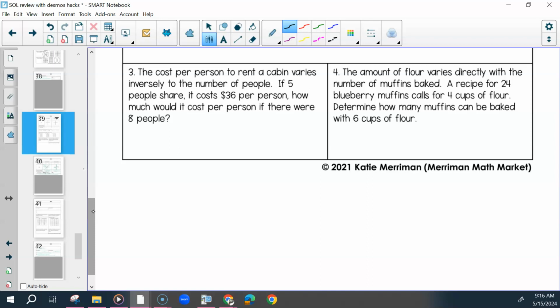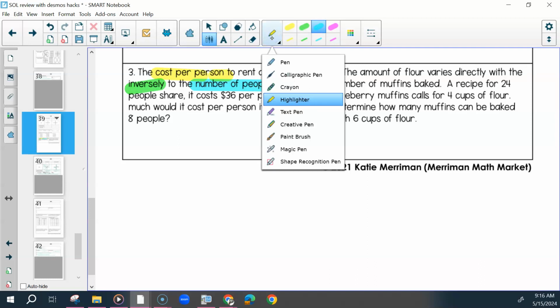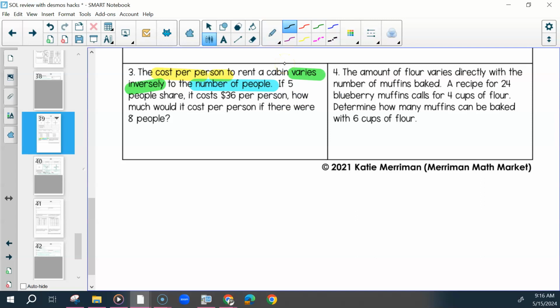In this scenario, we have the cost per person to rent a cabin varies inversely to the number of people. If 5 people, I'm going to highlight that in the same color, share, it costs $36 per person. How much would it cost per person if there were 8 people?